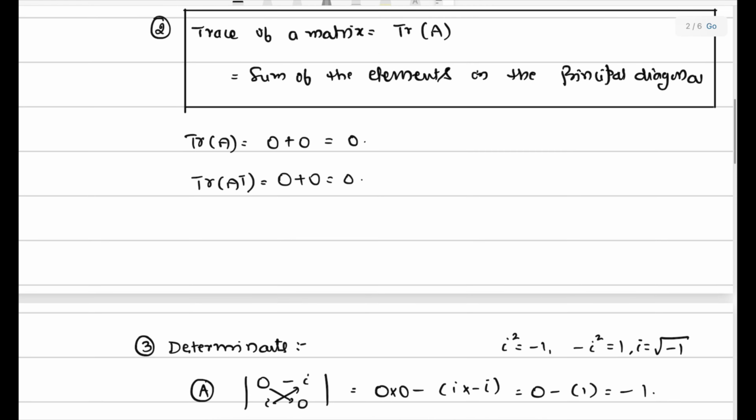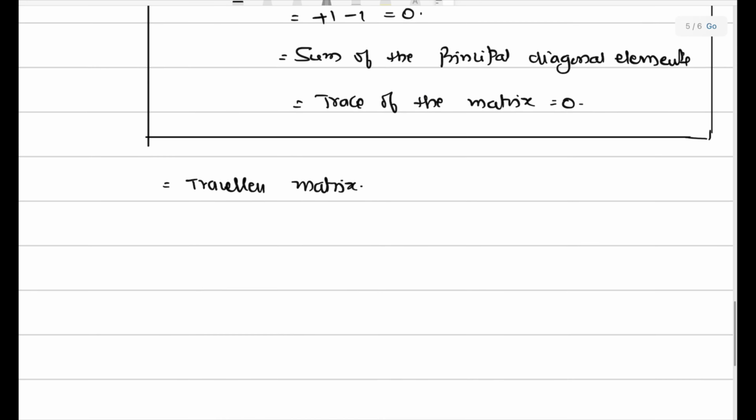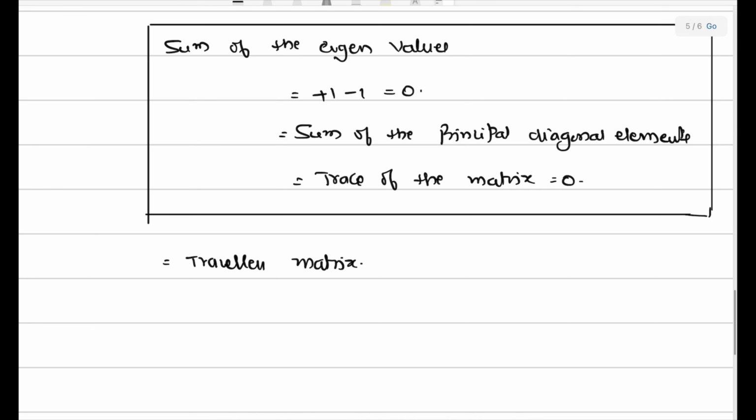Hence, it is a traceless matrix. And this type of matrix is called a Pauli matrix. The given example is called a Pauli matrix.